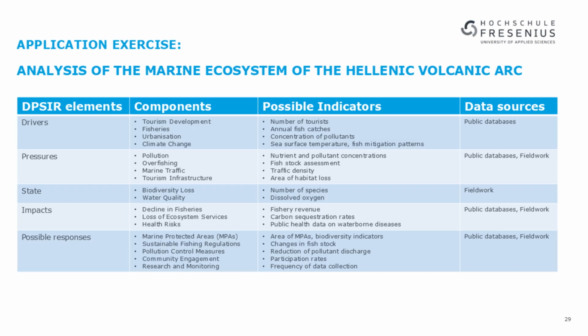The implementation of catch limits, seasonal closures, and improved fishery management practices may ensure sustainable use of marine resources. Strengthening the regulations for wastewater treatment and marine traffic may reduce the pollution entering the marine ecosystem.